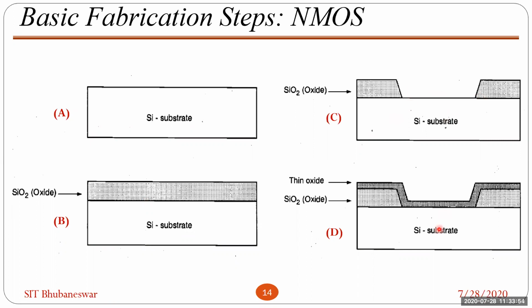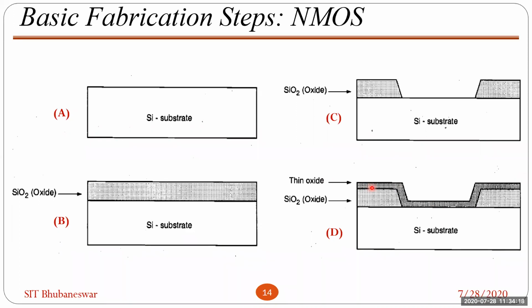So now here you want to create a gate. For a transistor, the polysilicon gate is nothing but, this part is your silicon. First will come the oxide, then your polysilicon will come. So that's why you will put an oxide layer, thin oxide.